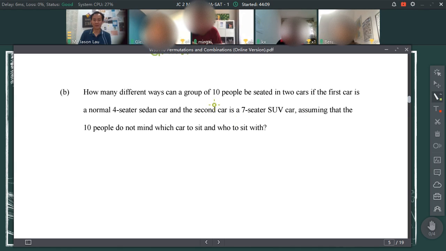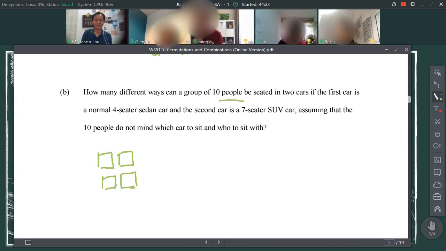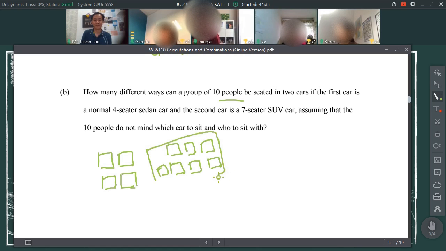How many ways can a group of 10 people be seated in 2 cars, where the first car is a normal 4-seater sedan car, and the other one is a 7-seater? Do their positions in the car matter? What do you think?